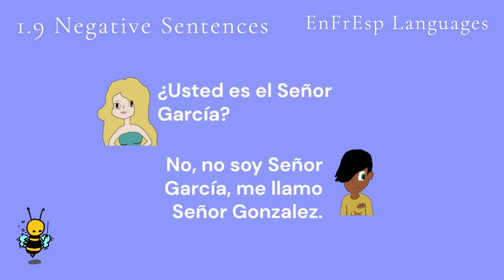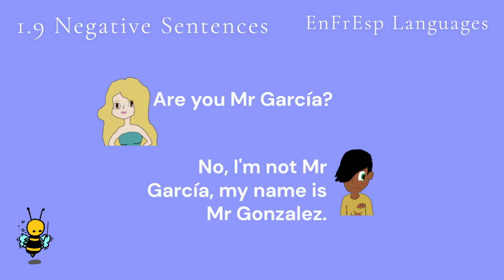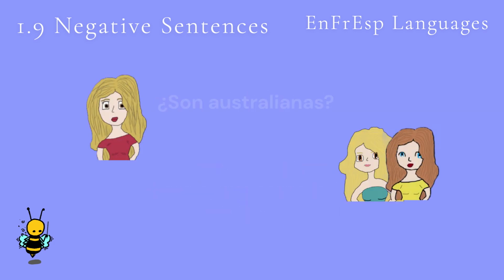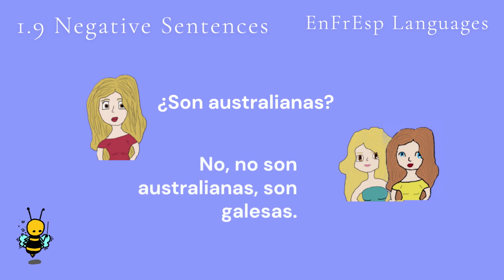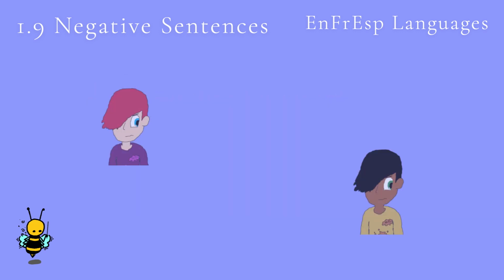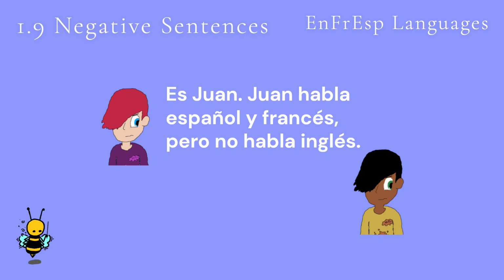No, no soy señor García, me llamo señor González. ¿Son australianas? No, no son australianas, son galesas. Es Juan. Juan habla español y francés, pero no habla inglés.